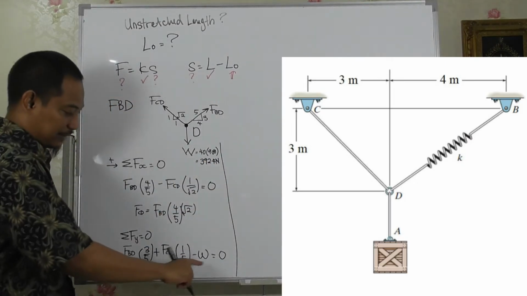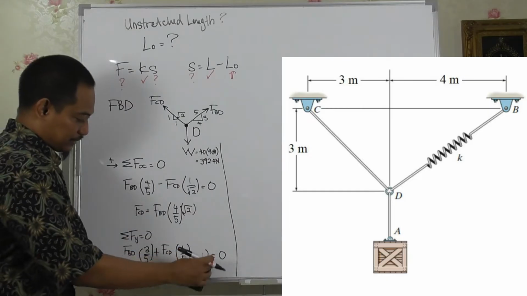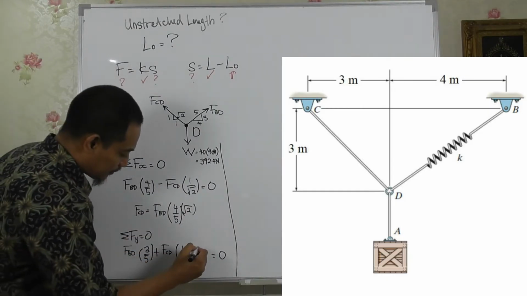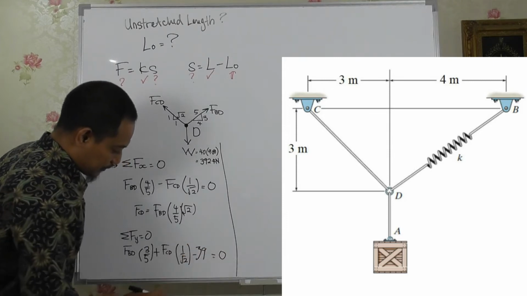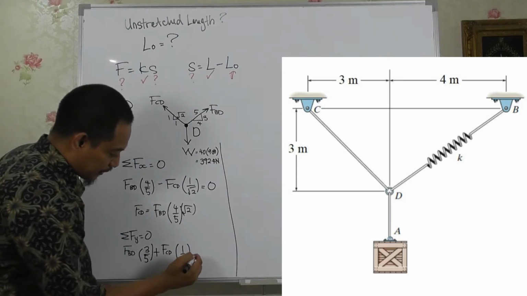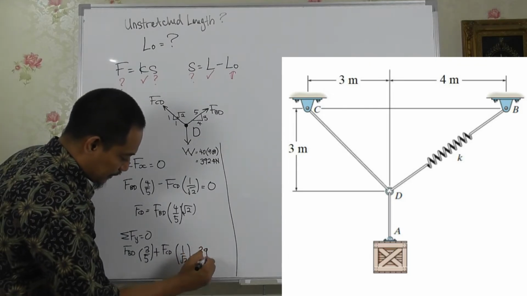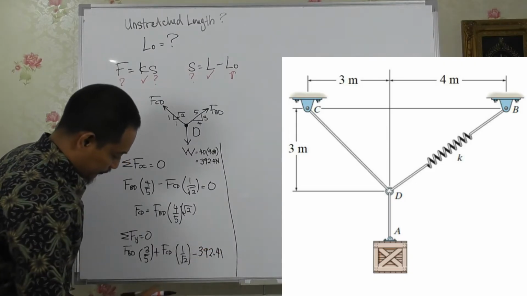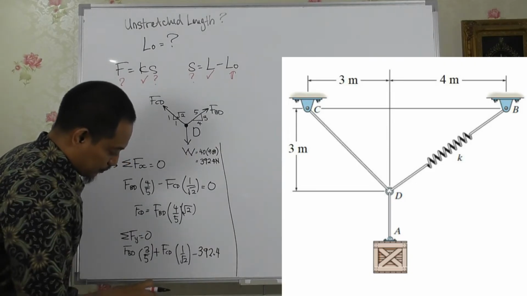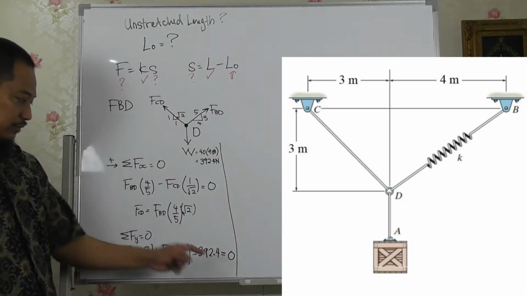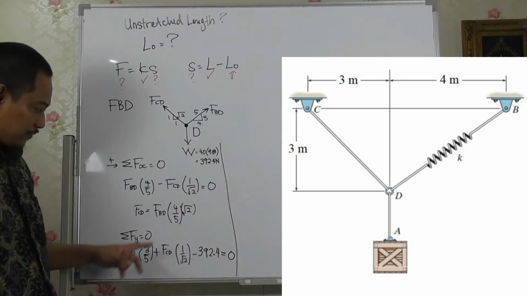So basically this will be minus 392.4 Newton equal to 0, right? That is the full equation of equilibrium, right?